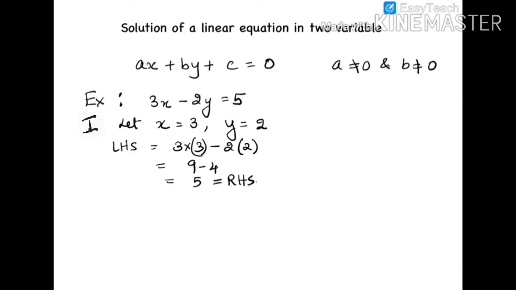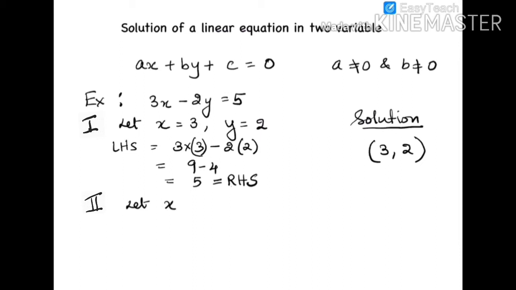So we can say that these values x equal to 3 and y equal to 2 satisfies the given equation and therefore is a solution of this equation. And we write this solution as an ordered pair 3, 2, first writing the value for x and then the value for y.